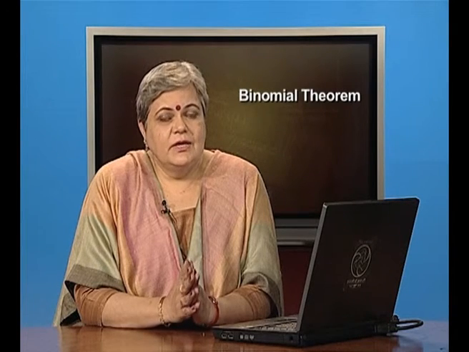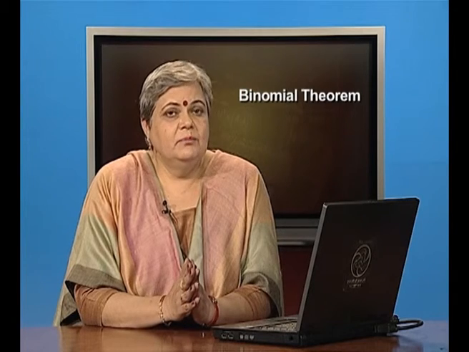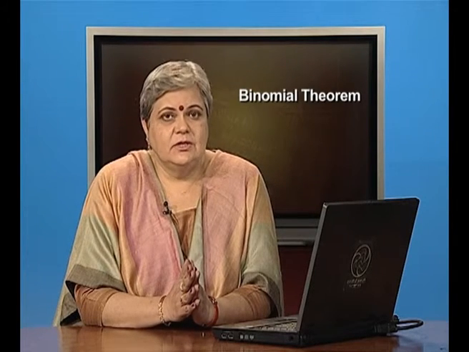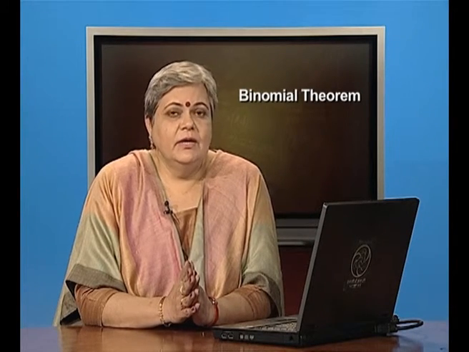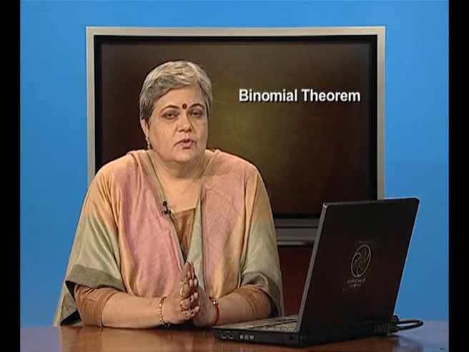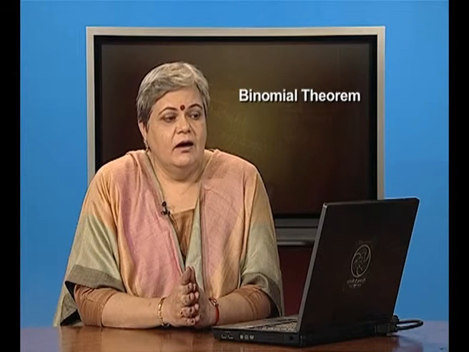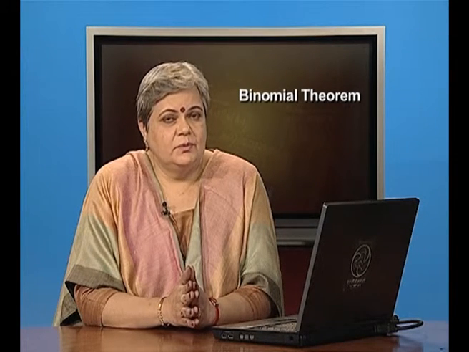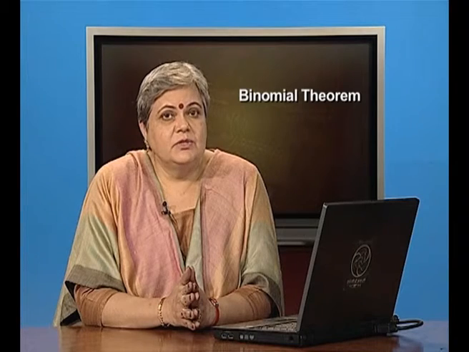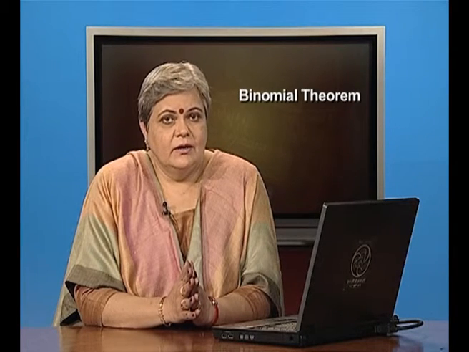If you try to generalize the pattern here, you will realize that the first term had the binomial coefficient as nC0, right. Then we are looking at nC1, nC2. So, if you take the lead from there, perhaps you will agree that nCr a to the power n minus r b to the power r should be in the position of r plus 1.